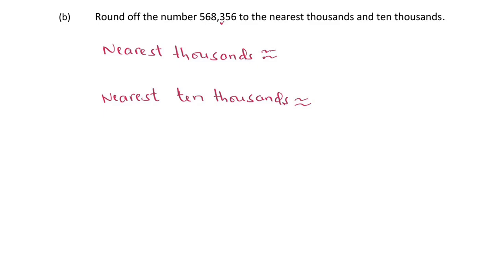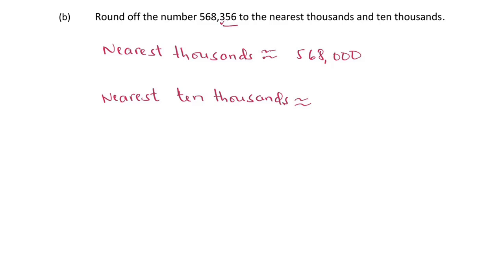Since this one is less than half, 8 will remain as it is, and the rest of the numbers will be 0. Therefore, to approximate this to the nearest thousandths, the number is going to be 568,000.